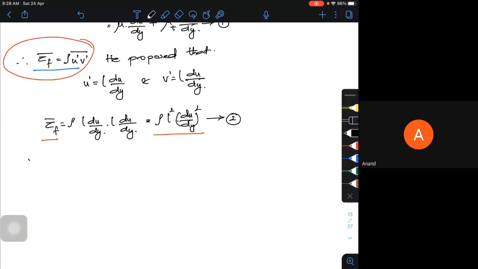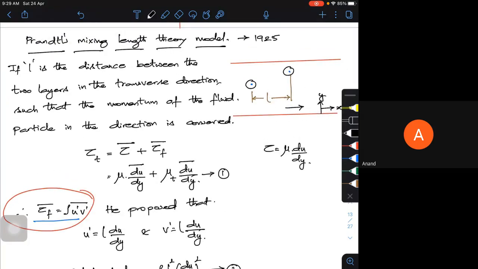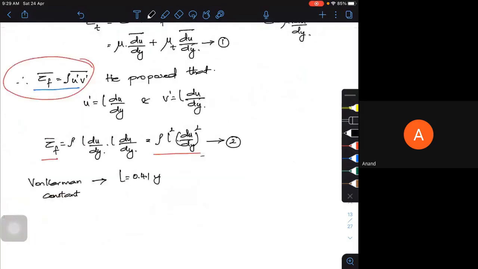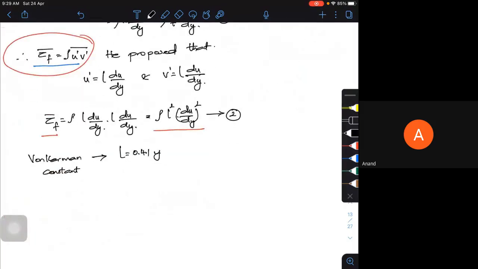Von Karman did some experiments and he proposed that your L is equal to 0.41 times your corresponding y. This is called the von Karman constant. The length scale that Prandtl proposed, von Karman was able to support with a value.